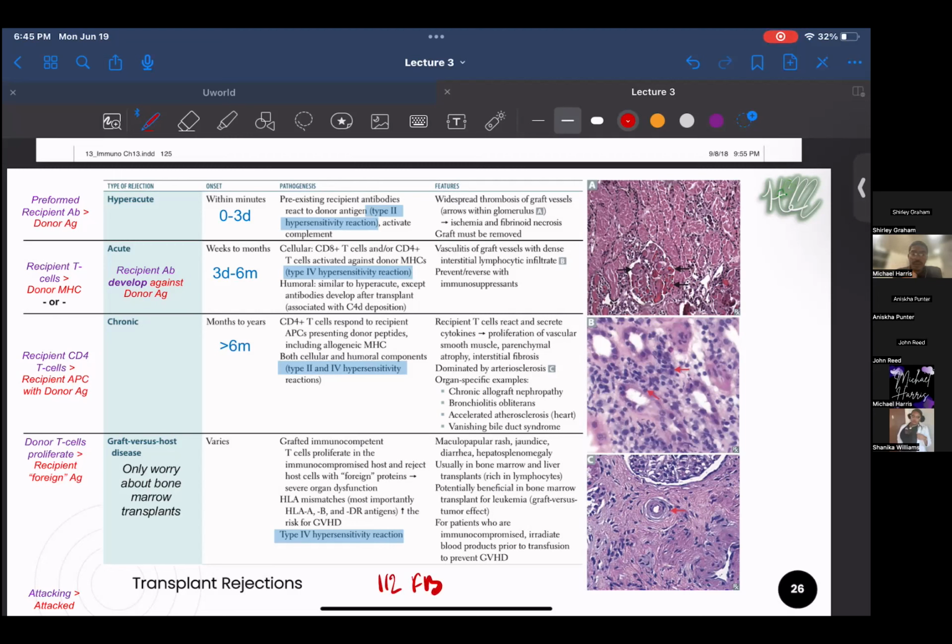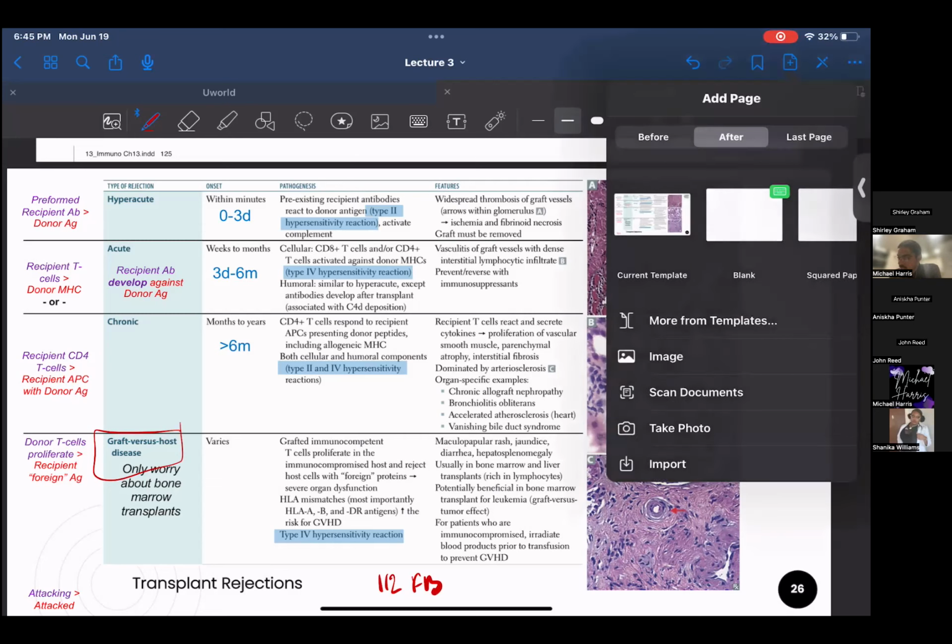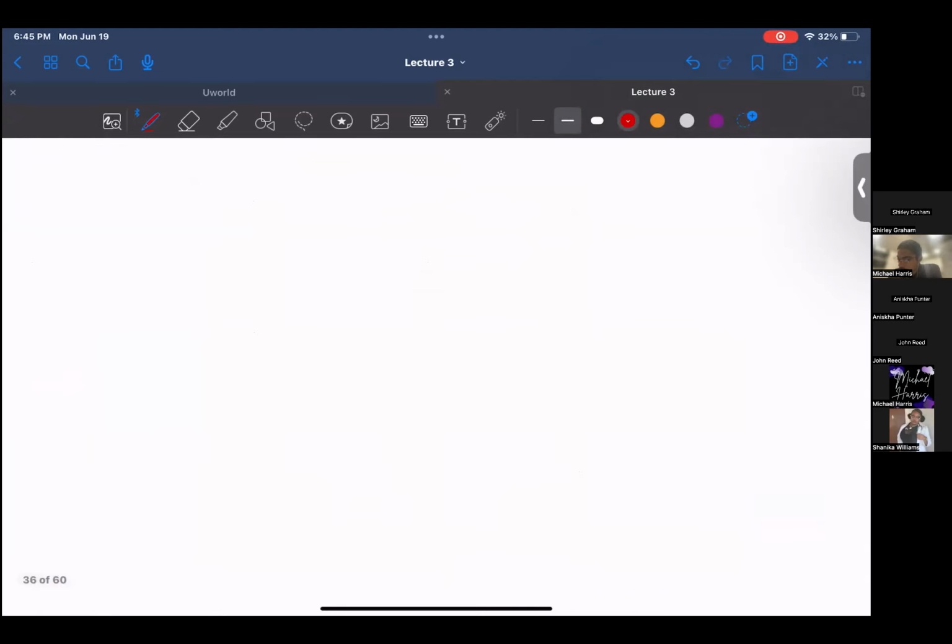Now, the last one I'm going to talk about is graft versus host disease. So essentially what ends up happening is this. In graft versus host, the donor still has antibodies, or not antibodies, but CD8 cells and CD4 cells. So we'll do a liver.